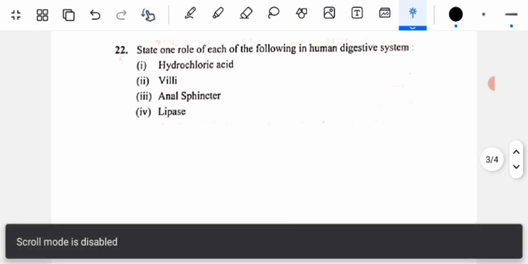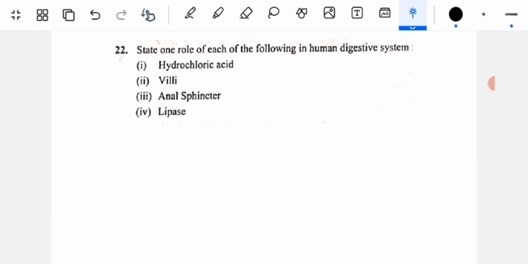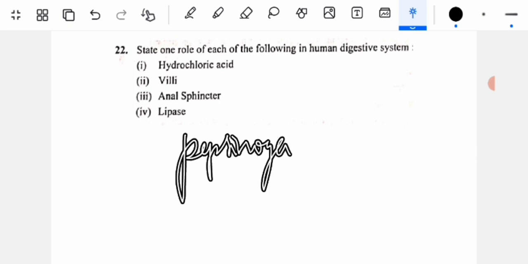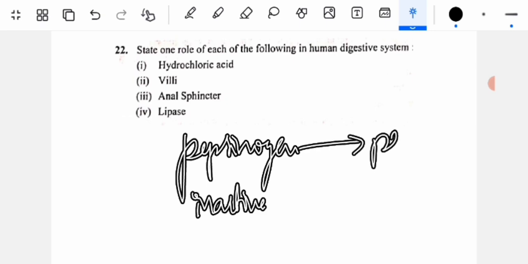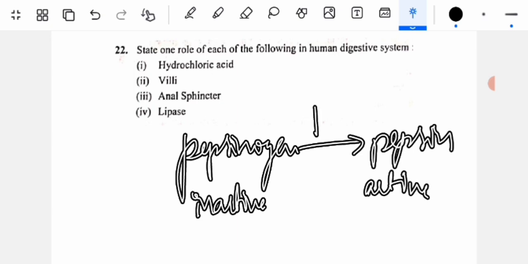Next, state one role of each of the following in the human digestive system. For hydrochloric acid, you can say that it converts pepsinogen, which is inactive, to pepsin, which is active, which helps in protein digestion.